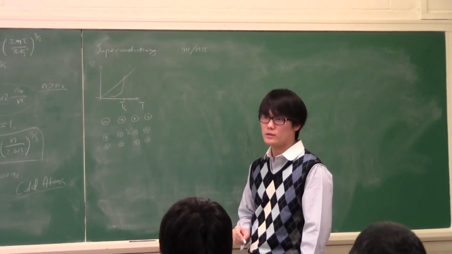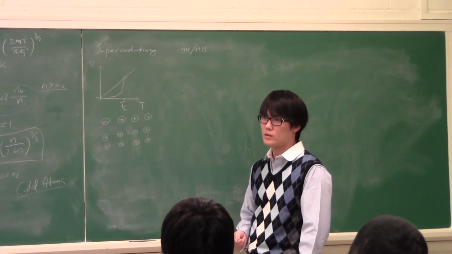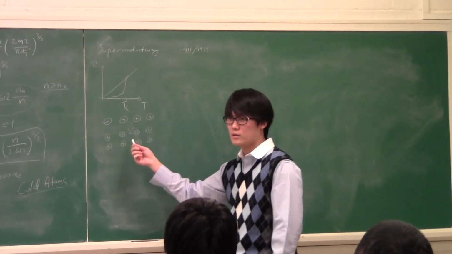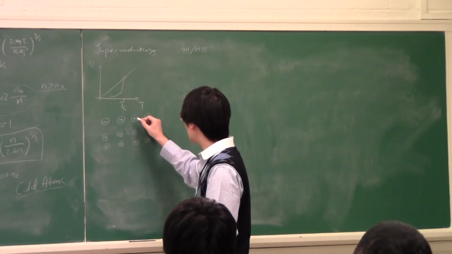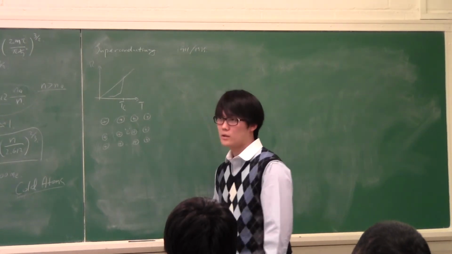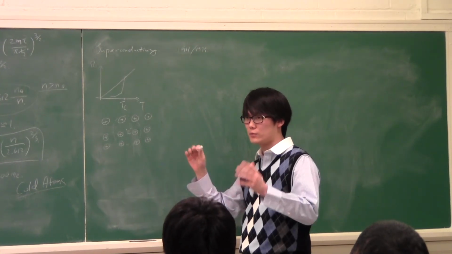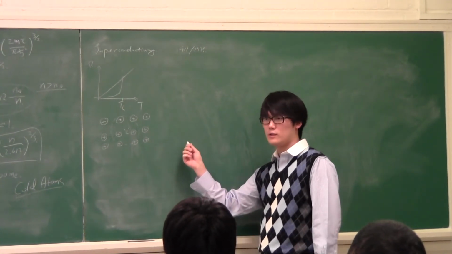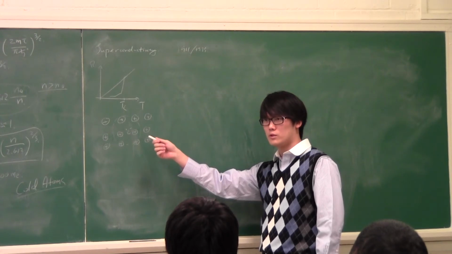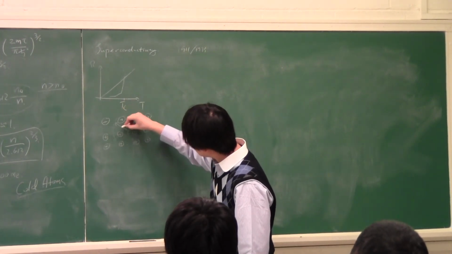The charge of the electron is going to be screened by the background ions. So we can have some radius beyond which we no longer see the charge of the electron due to the screening effect. And this is known as the Debye length.